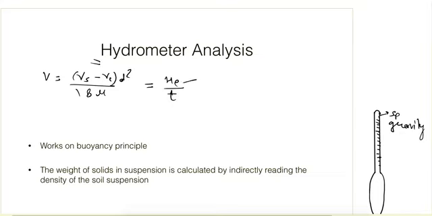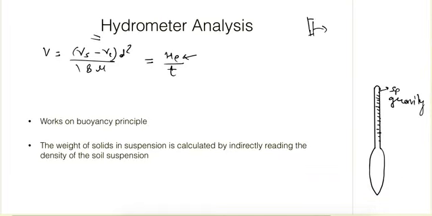So this He, which was constant in the pipette method, is not a constant here, and it will vary with time, and normally it increases with time. So we'll see how that happens. Another difference between the pipette method and the hydrometer method is that in the pipette method we were drawing out the sample using a pipette at different time intervals, but in this method we don't need to draw out any sample.